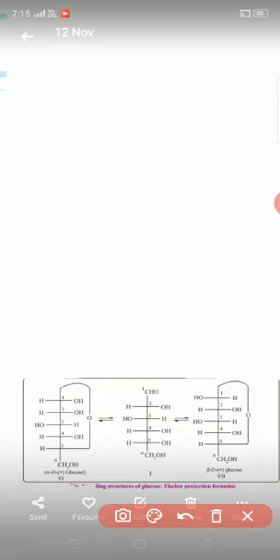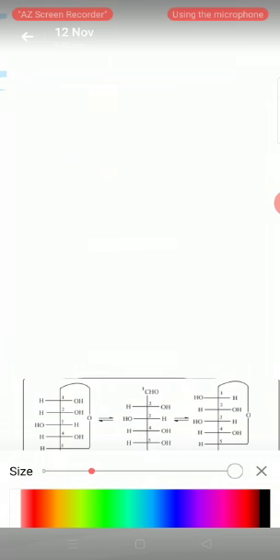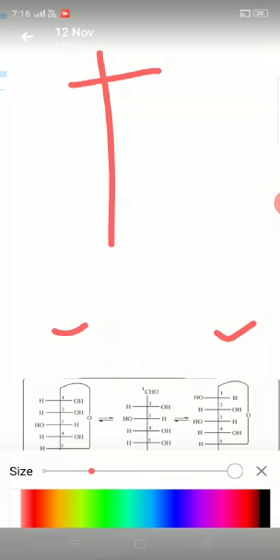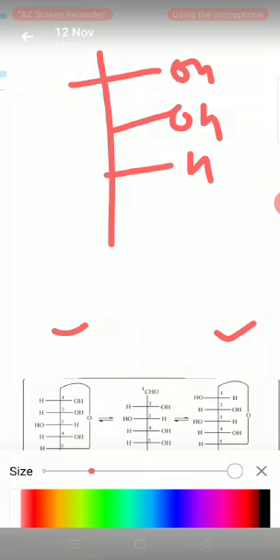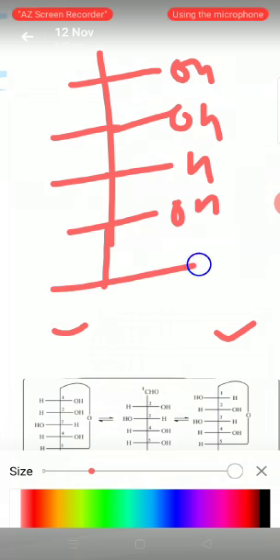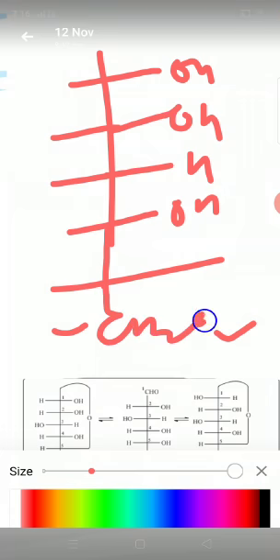Students, see here, this is the ring structure of glucose. Here in the ring structure of glucose, this is carbon atom number 1, this is 2, this is 3rd, this is 4th, this is 5th and this one is 6th.